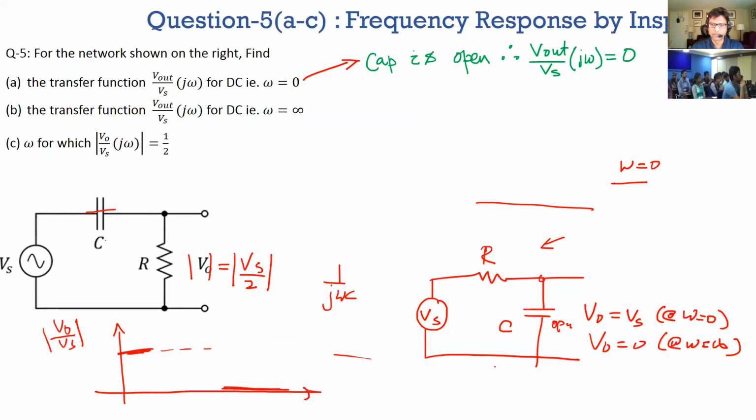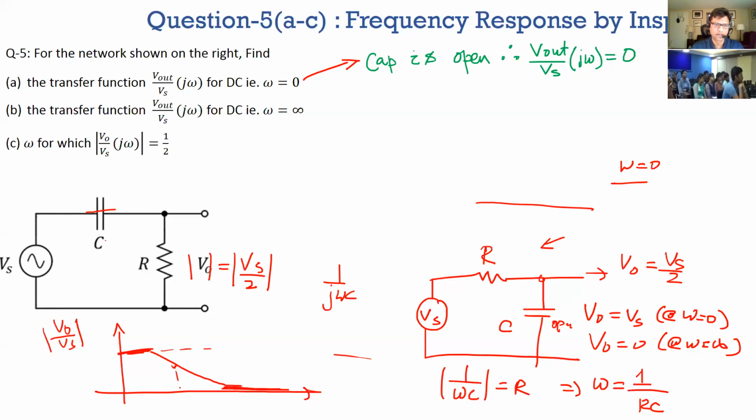It's exactly the same exercise again, because you want the 1 over omega C magnitude to be equal to R for this node Vout to be equal to Vs over 2, which again means it'll happen at omega equals 1 over RC. So that'll be your halfway point if this was a linear curve, and that's 1 over RC, at which this quantity is half, and this is 1, right?